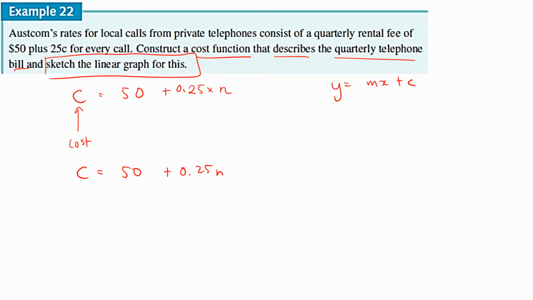Because of that, we can say the value that's multiplied to the variable N is the same as saying m times x. Hence why I know 0.25 has to be my gradient. If 0.25 is my gradient, then the y-intercept has to be 50. Alternatively, you can sub N equals 0. If you made 0 calls, well, how much do you have to pay?